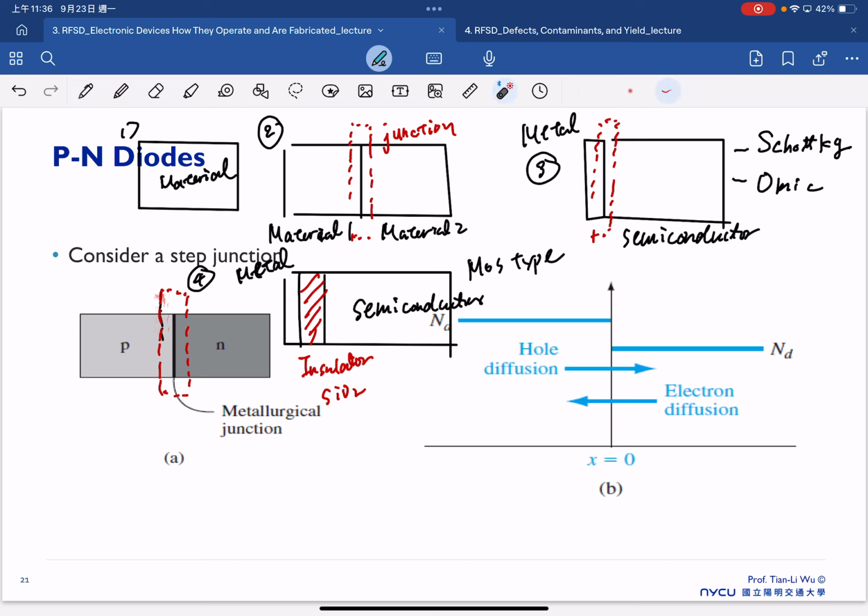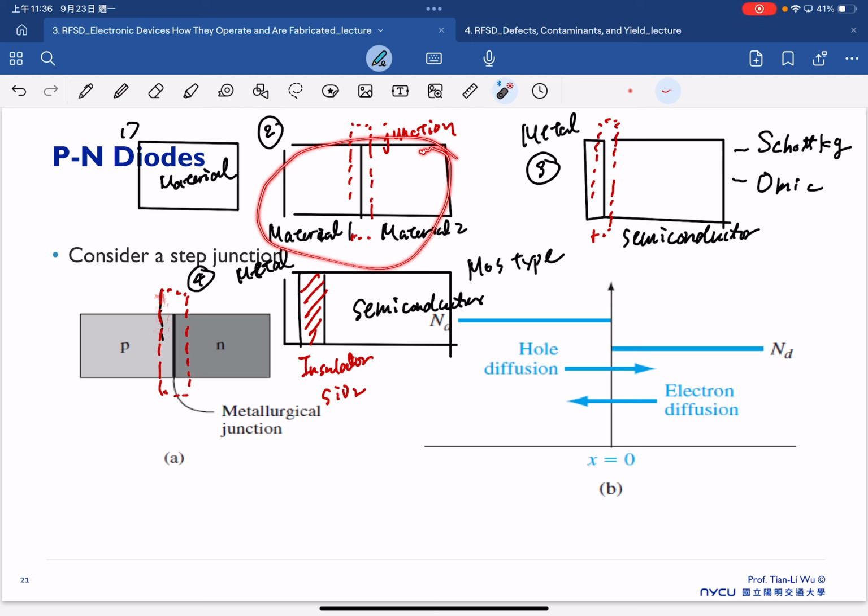Later on, when we talk about the metal-semiconductor, the first thing we have to understand is the junction between them. And when we talk about the MOSFET, the MOS type, we will spend the major effort understanding what happens in here, because this is the most crucial region that will completely determine the whole device characteristic.